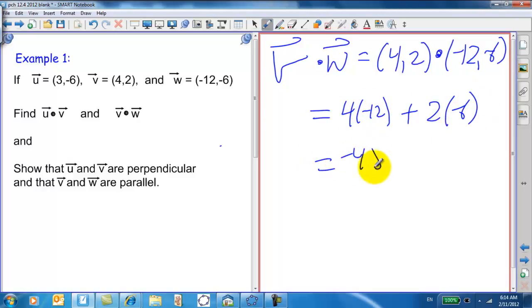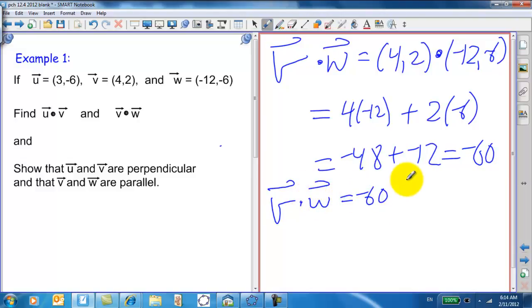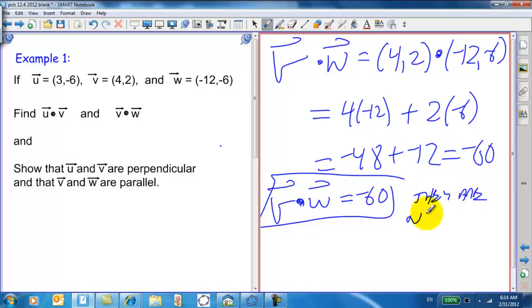And we get negative 48 and negative 12, which is negative 60. So v dot w equals negative 60. They're not perpendicular. Does that mean they're parallel? Well, not necessarily. We have to show something else to show that they're parallel.